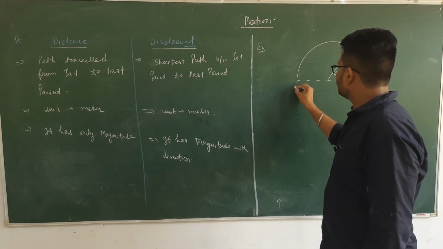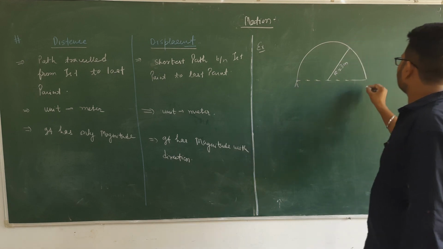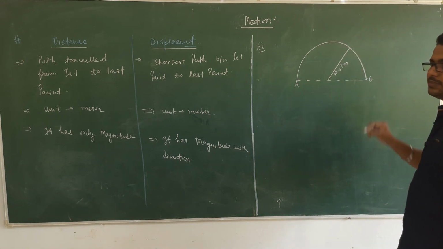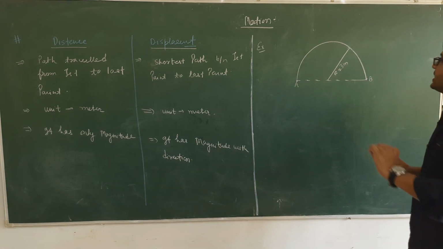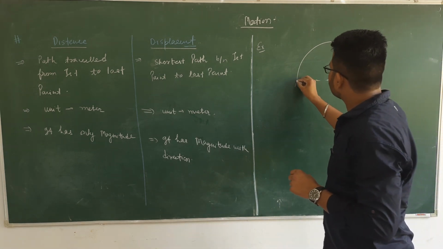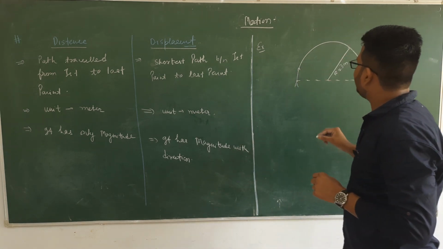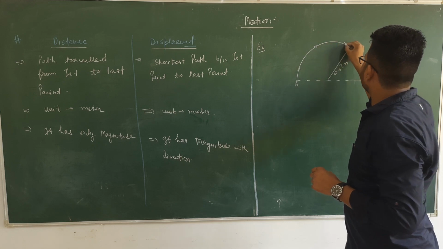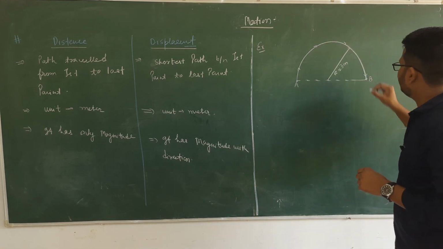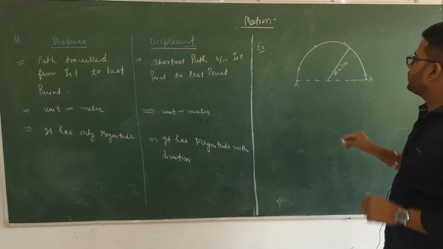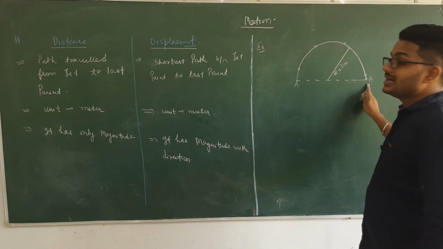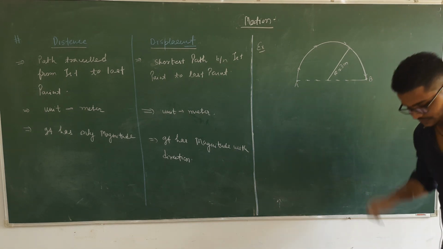This is point A and this is point B. Next, we will start to move from point A and go up to point B. So from point A to B, what will be the distance traveled?